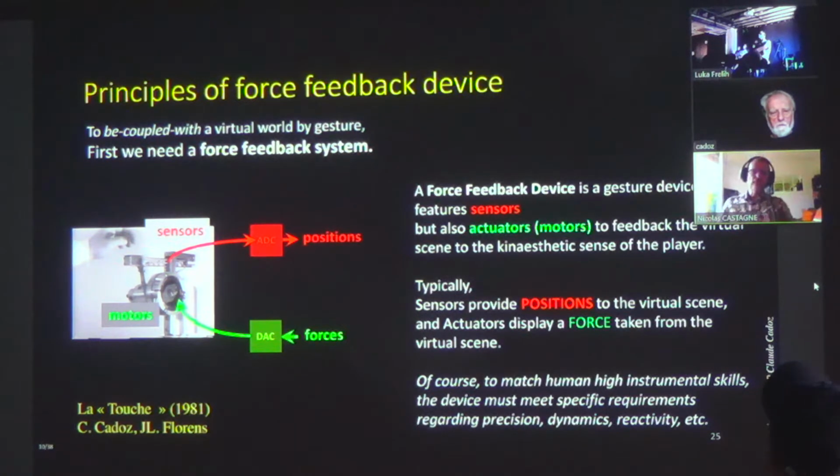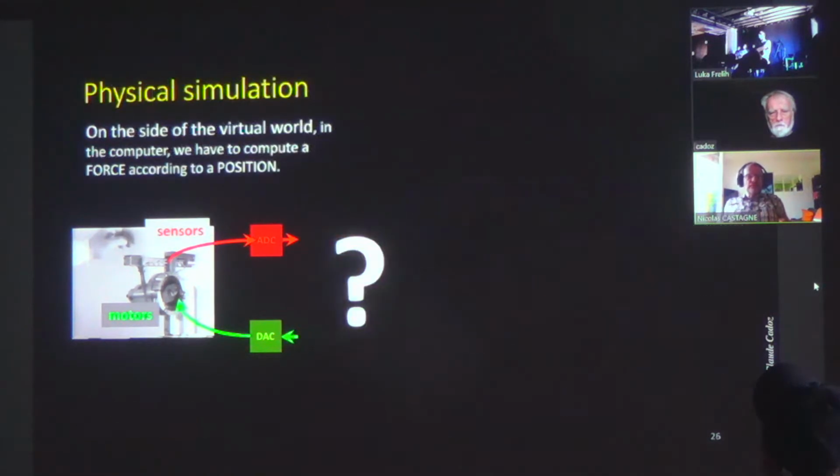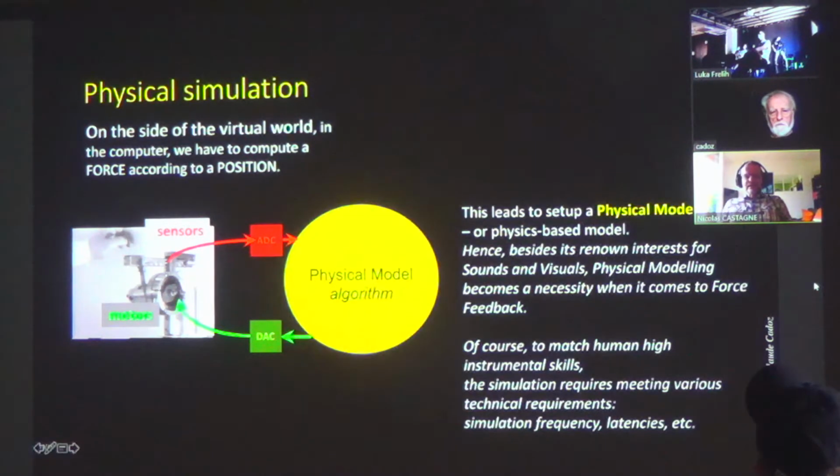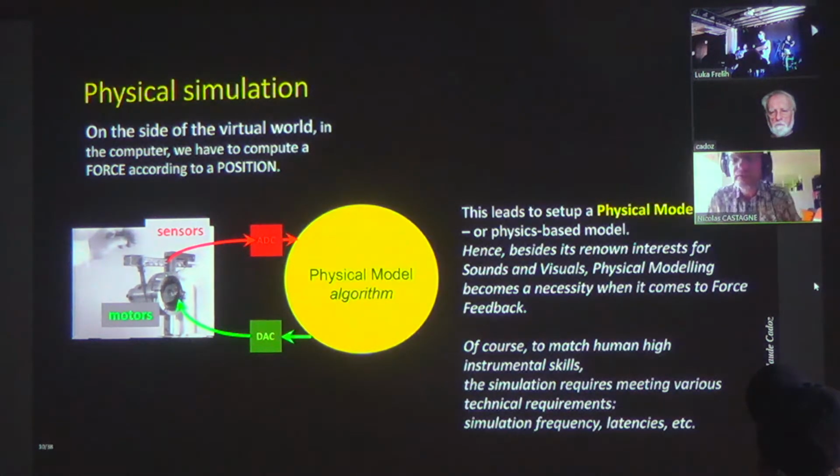Of course, to match human high instrumental skills, the device must meet some specific requirements, but I won't get into these details. On the side of the virtual world, in the computer, we do have to compute a force according to a position. To that aim, we are led to set up a physical model, or what is called a physics-based model.